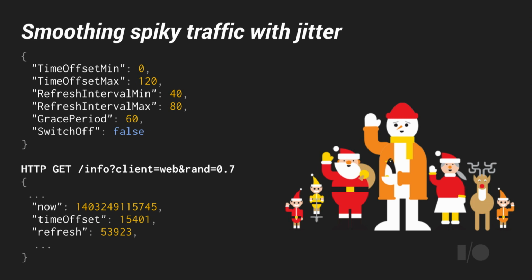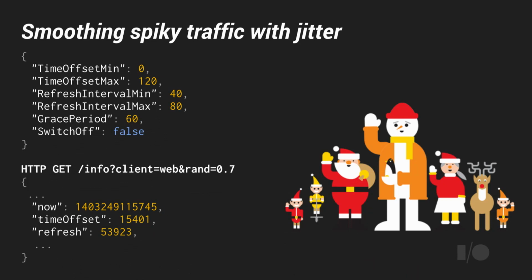We can also control how often our clients re-request these flags. And we jitter those as well, of course, just to make sure that the traffic to our API server is also quite smooth. These flags are stored in the AppEngine datastore, and they're cached using memcache and also with a local instance cache.